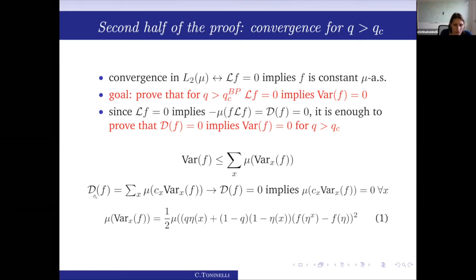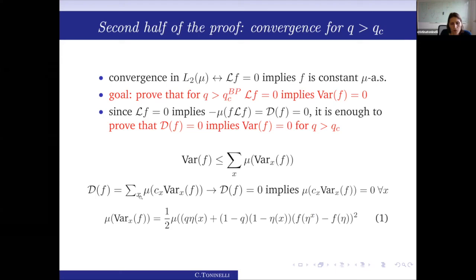So now it's the moment to use the fact that you know how to write the Dirichlet form, because we wrote it before. The Dirichlet form, mu of F times LF, is equal to 0 also, because LF is equal to 0, and it's written in this form. So you see, it's very similar to this one.